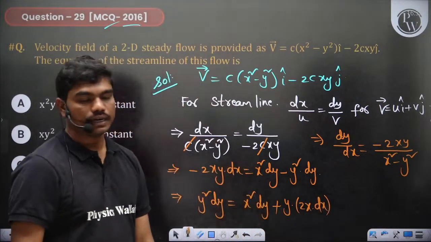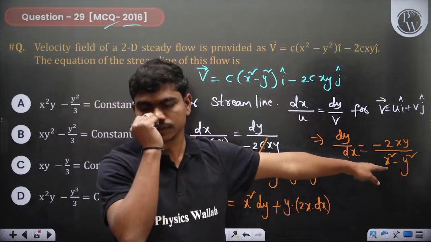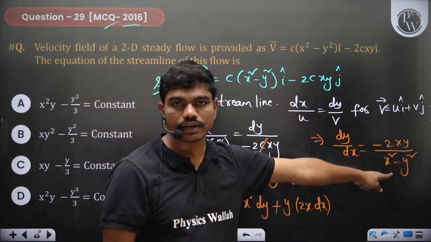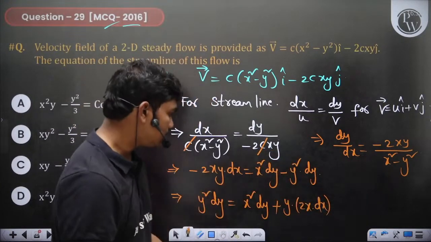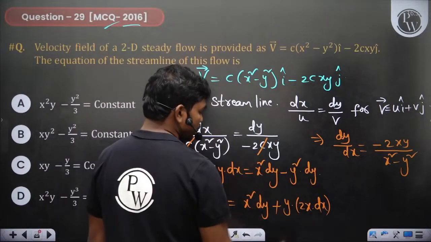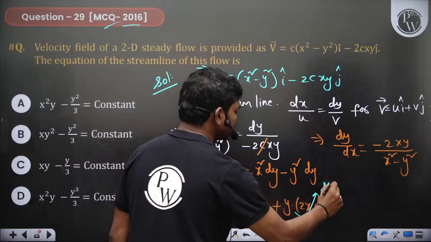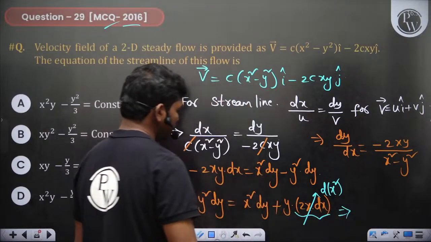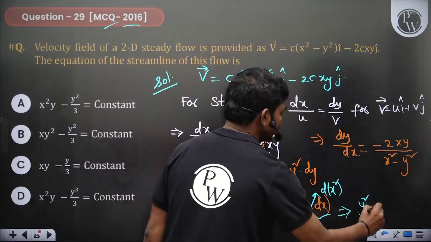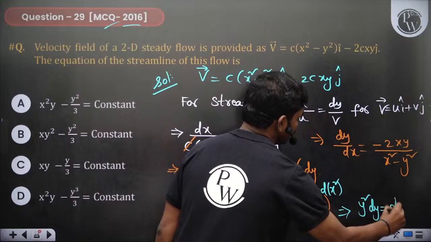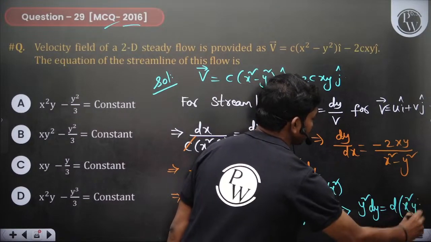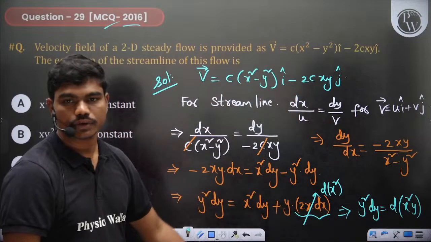It's a first order differential equation of homogeneous form, so you put y equal to vx and solve. But rather than doing all this business, you can see x square dy can be written as a derivative of x square. So this final equation is nothing but y square dy is equal to the derivative of x square y. That's all. Okay, so that you can integrate.